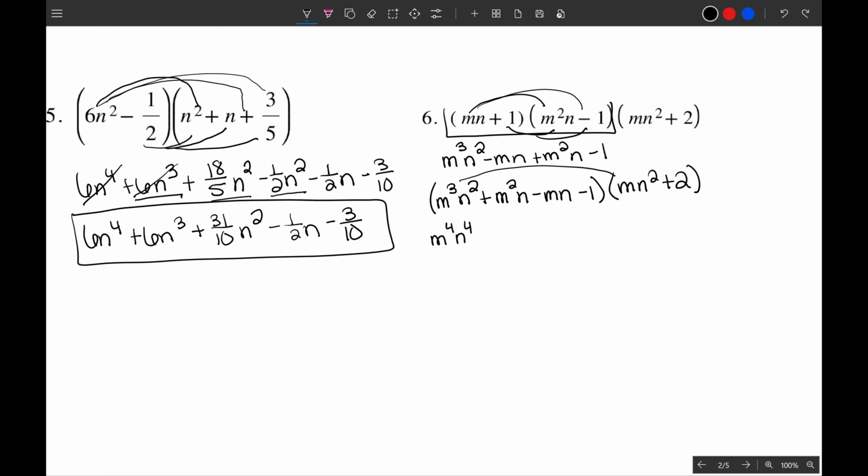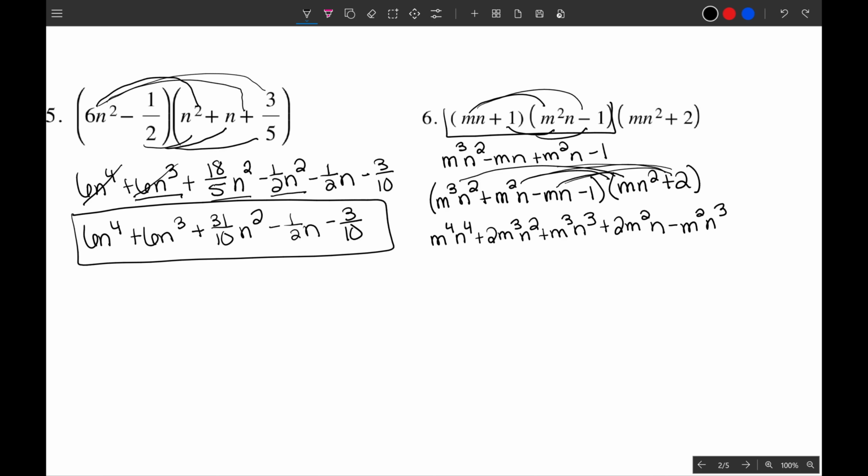Then I have m to the third, n to the second times 2 would be 2m to the third, n to the second. M squared n times mn squared would give me m to the third, n to the third. M squared n times 2 is a positive 2m squared n. Then I have negative mn times mn squared, so we have negative m squared n to the third.